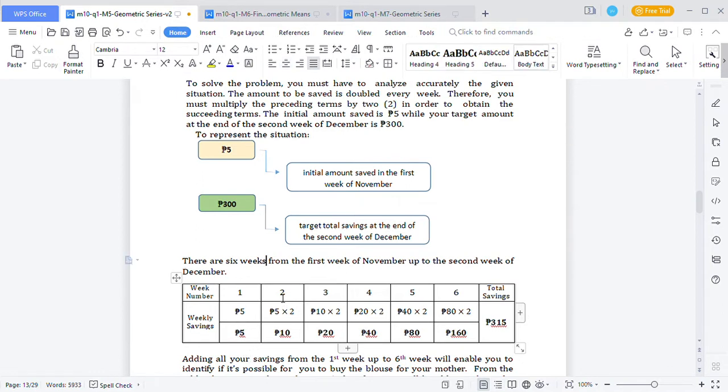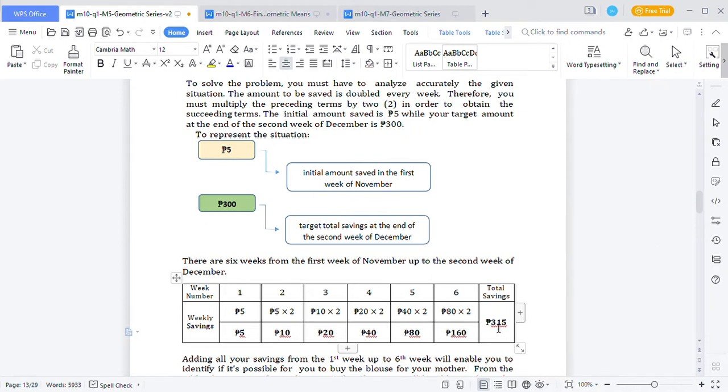Now, on the second week, you have there 5 times 2. Madouble man daw, so you have there 10 pesos. And then 10 times 2, so you have there 20 pesos. And then 20 times 2, you have there 40 pesos. And then 40 times 2, you have there 80 pesos. And then 80 times 2, you have there 160 pesos. And your total savings is 315 pesos.